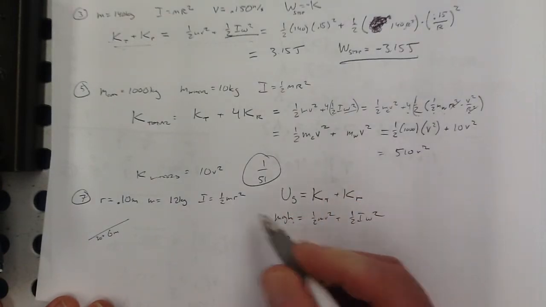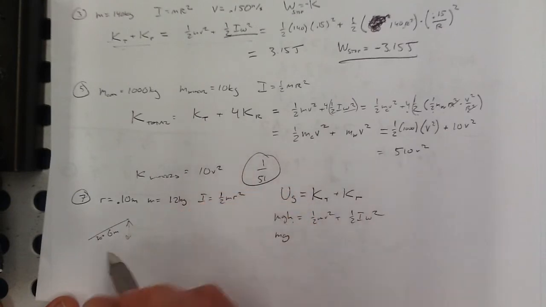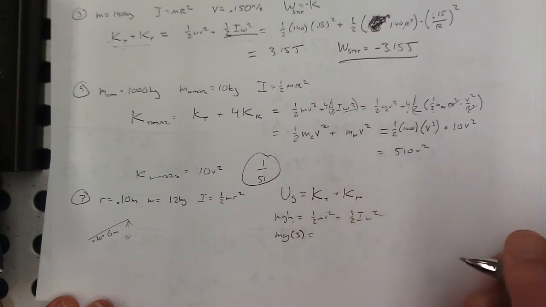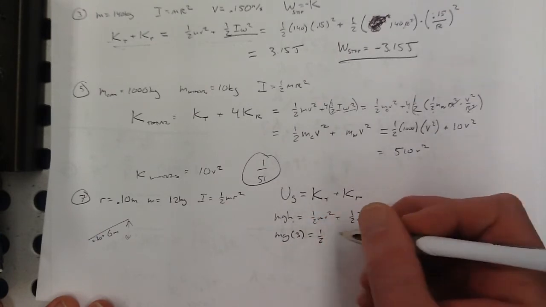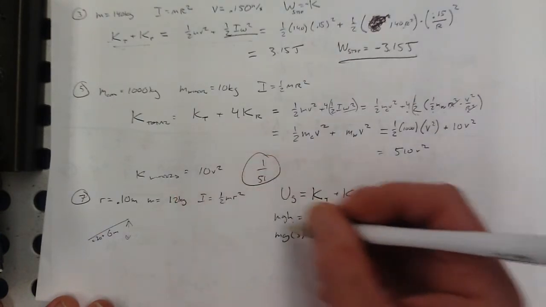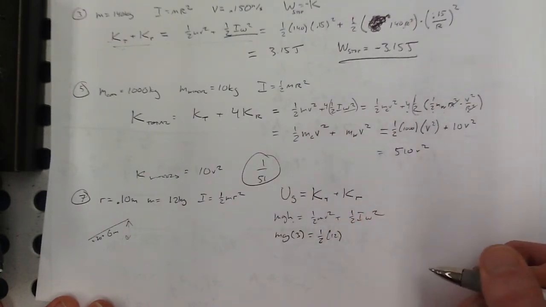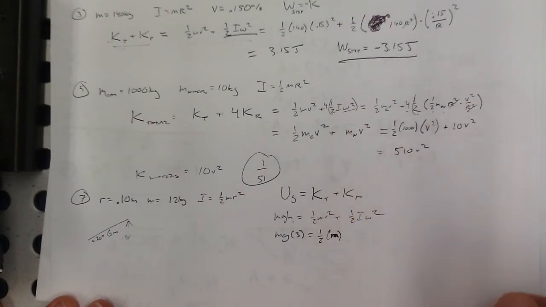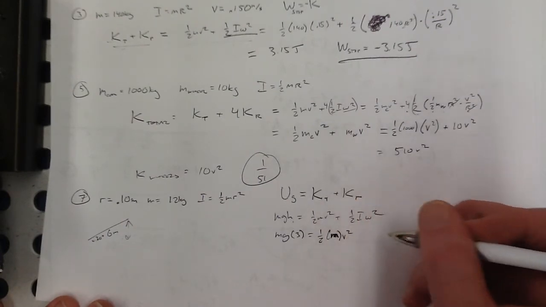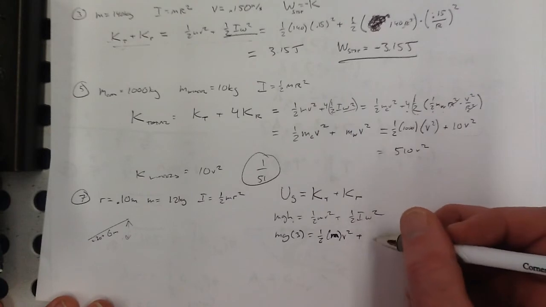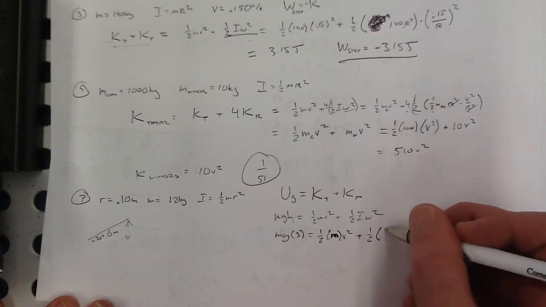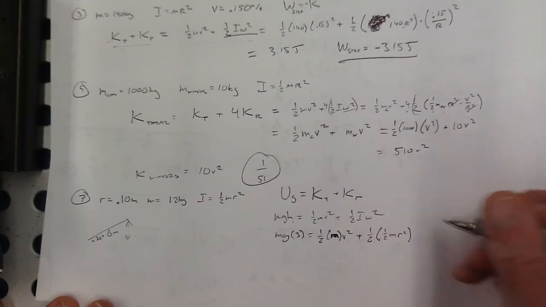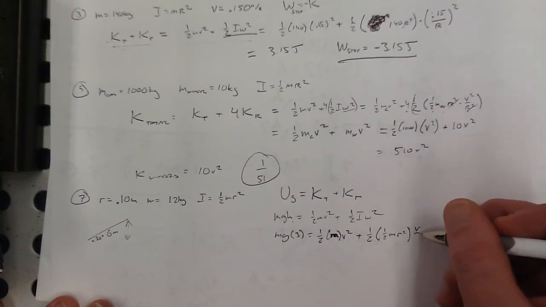mg, the h here is the sine component of the 6 meters. That's 3 meters, is equal to 1/2 times m, you know what, I'm just going to leave that as an m because I think that's going to cancel out, isn't it? Mass doesn't matter. v squared, the v is what I'm looking for, plus here I've got 1/2 times I, it's a disk, times omega squared.